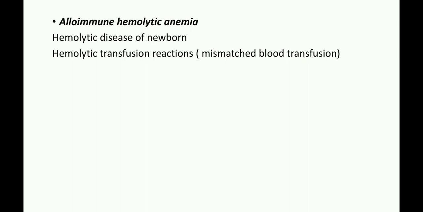Another condition is hemolytic disease of the newborn, where the antibody can develop as a result of mixing of blood between the Rh negative mom and Rh positive fetus at the time of delivery. So hemolytic disease of the newborn is another condition where you get alloimmune hemolytic anemia.